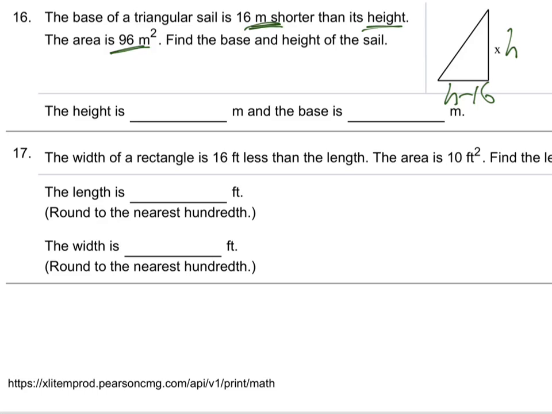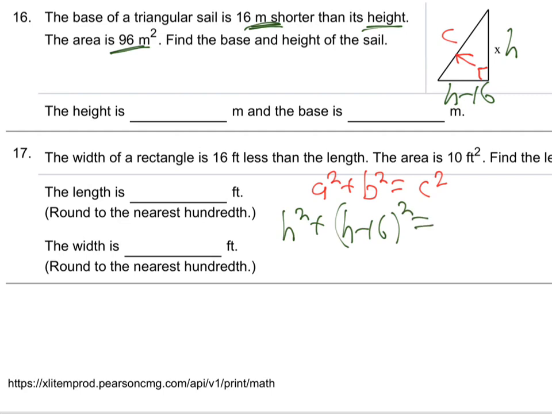And I have a right triangle here, so what formula do you always use with the right triangle? a squared plus b squared is c squared. This is c, the side across from the right angle. So that puts in h squared plus h minus 16 squared is c squared.